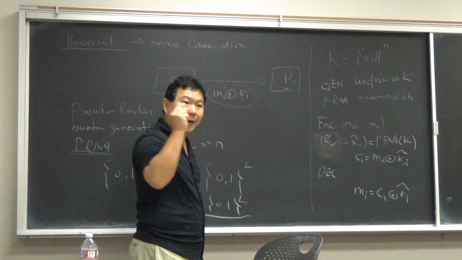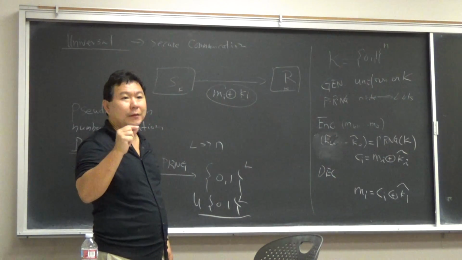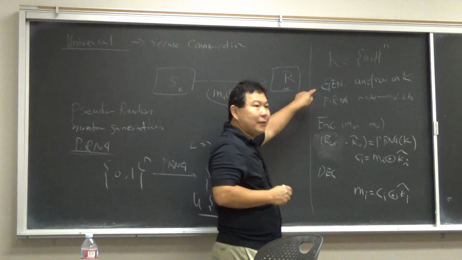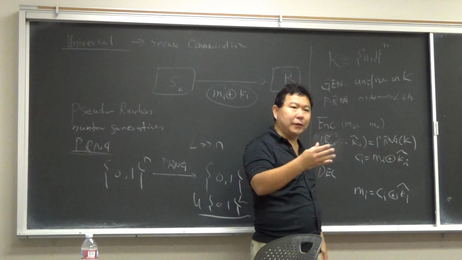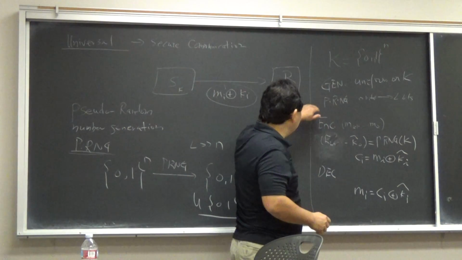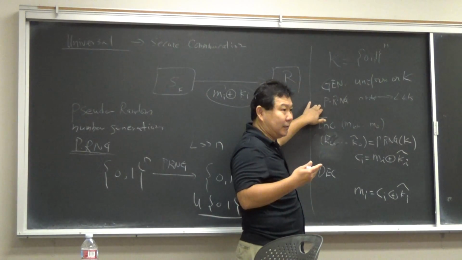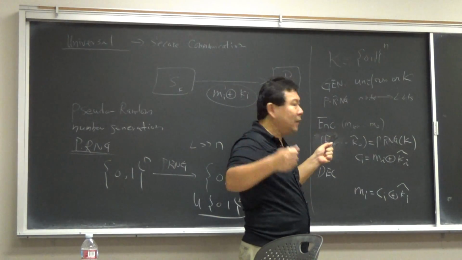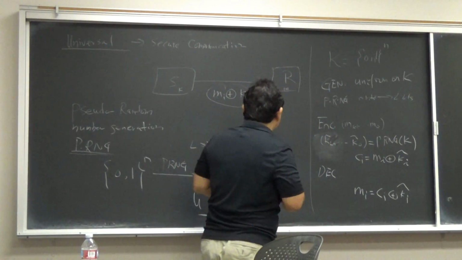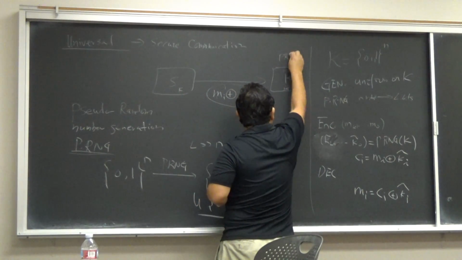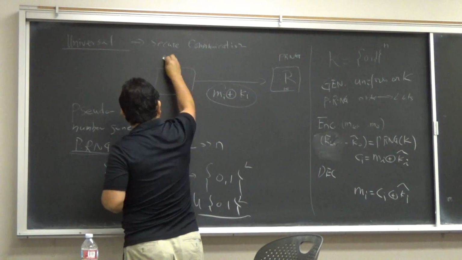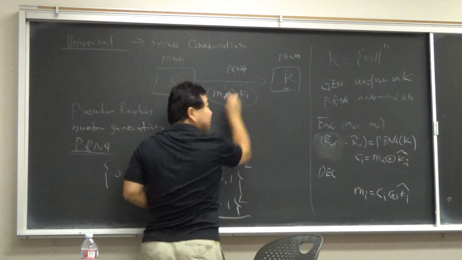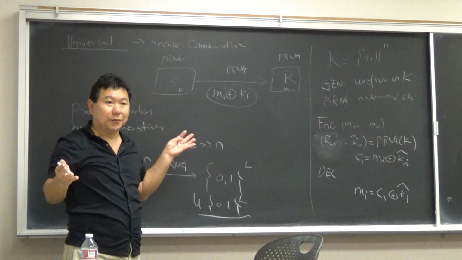The only thing private is K. Everything else is public, including the generation distribution, which we know is just uniform, and including this algorithm called PRNG, that is making the sequence longer. This PRNG is known to the sender, and is known to the receiver. It's actually known to the attacker too, right?